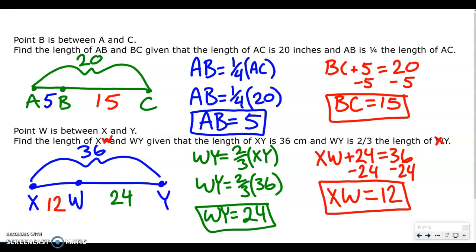So WY is 24, and then we needed to use the segment addition postulate to find XW. So XW plus 24 equals 36. Subtract 24 on both sides, so XW equals 12.